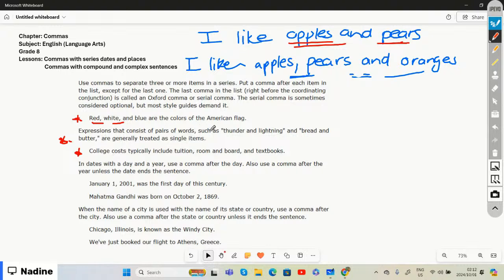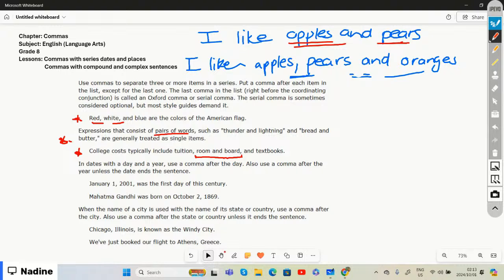Over here we have a pair of words, because room and board is the same as lodging. It's a place where you're going to be staying. Your accommodation. So tuition, accommodation, and textbooks.